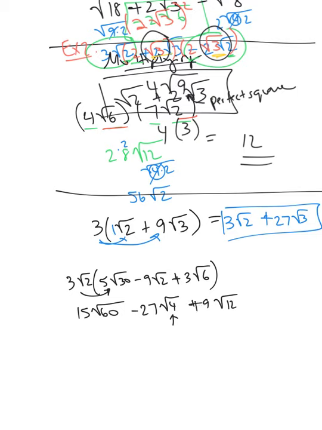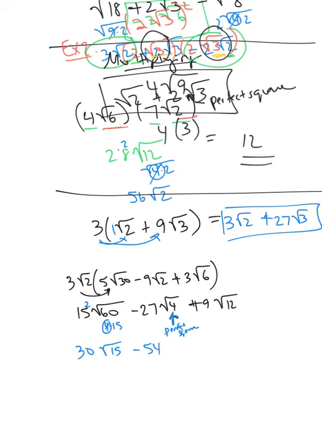60 contains a perfect square. It contains a perfect square of 4. 4 times 15 is 60. So square root of 4 is 2. The 2 comes out, so this becomes 30 radical 15. The square root of 4, like I said before, that's a perfect square. So the square root of 4 is just 2. So 2 times the 27 is going to be 54, just a regular 54.